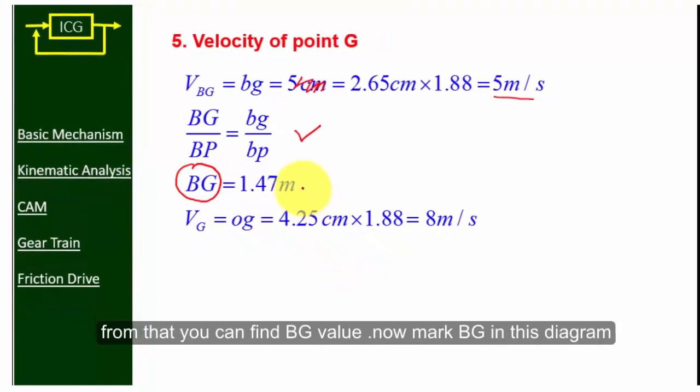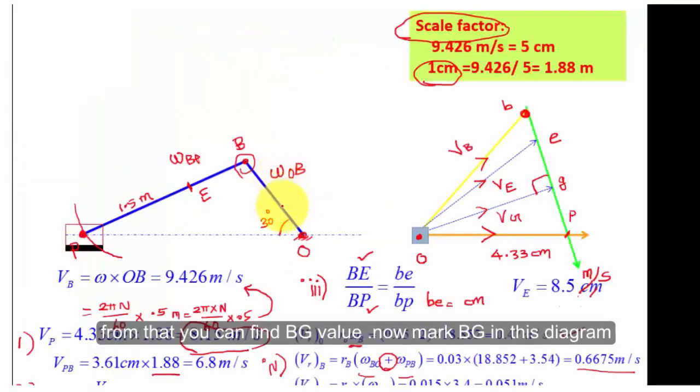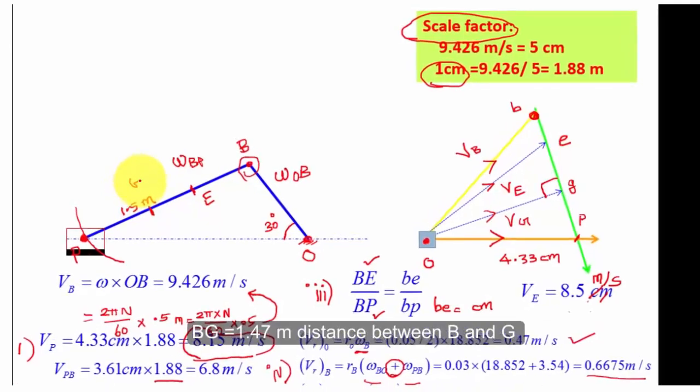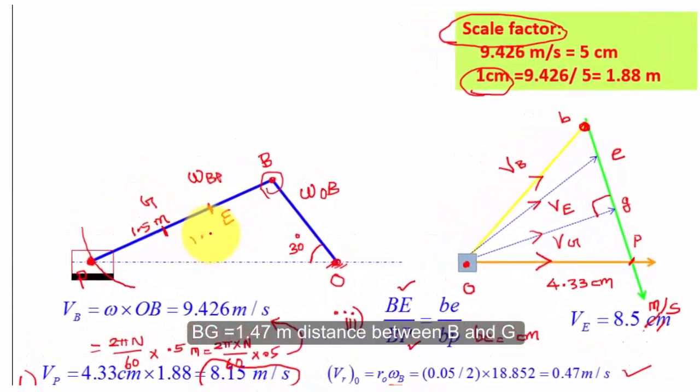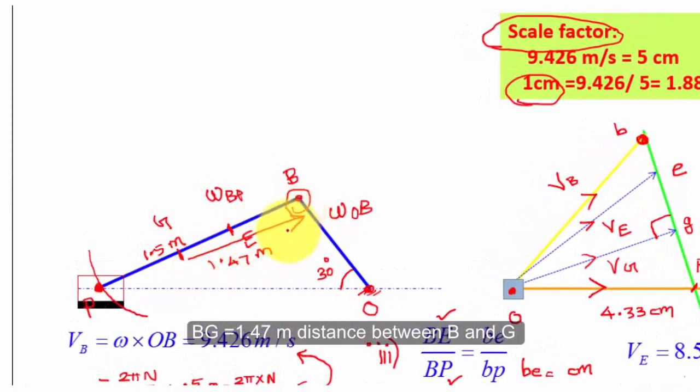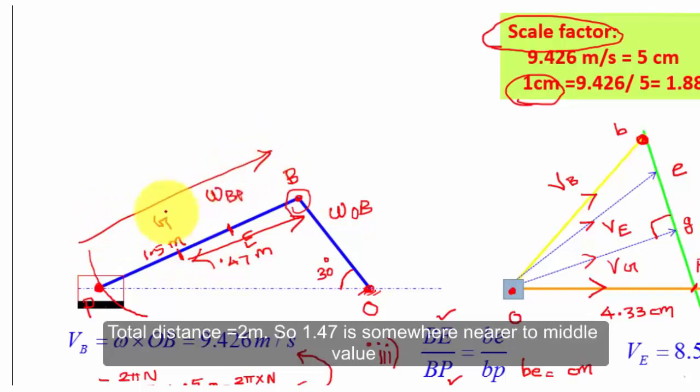Now mark PG in this diagram. So PG, 1.47 meter. Distance between B and G. So total distance 2 meter.